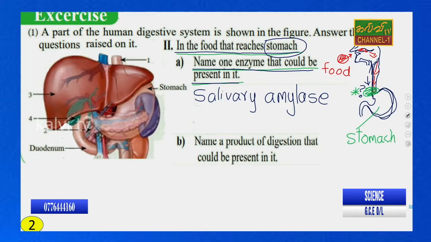Actually, we know what happened when the carbohydrate reacts with amylase.